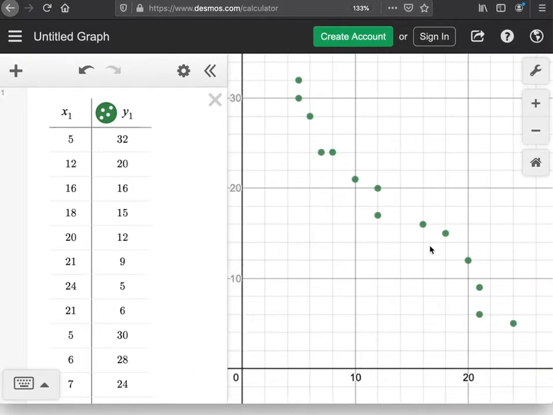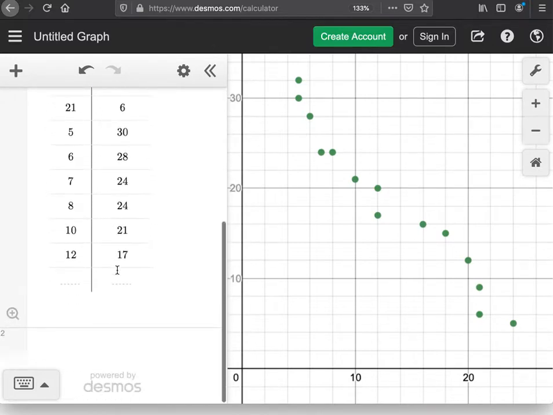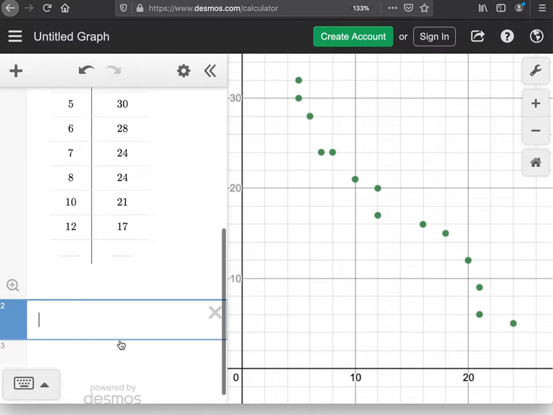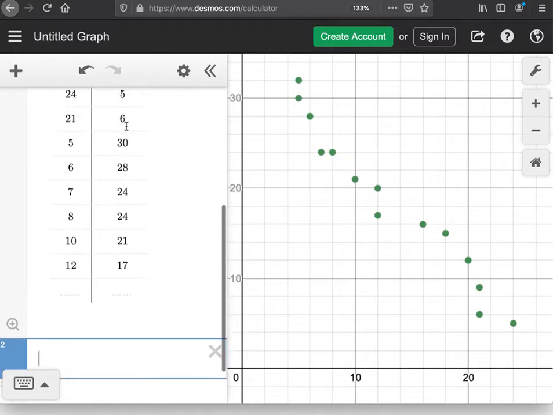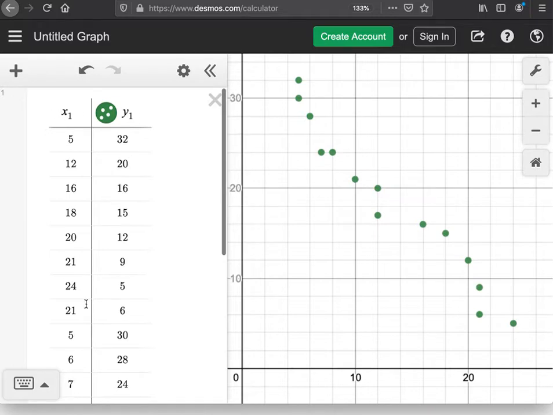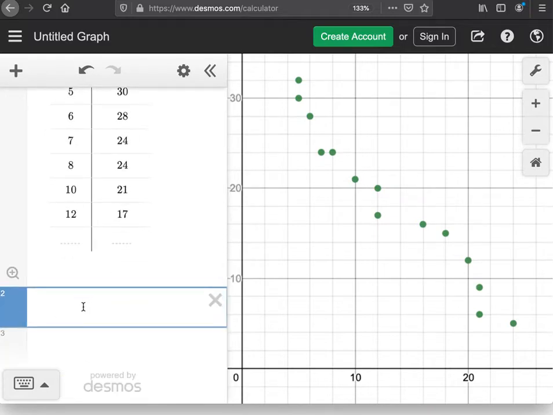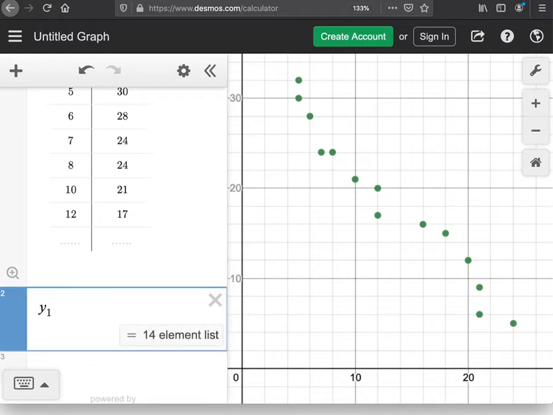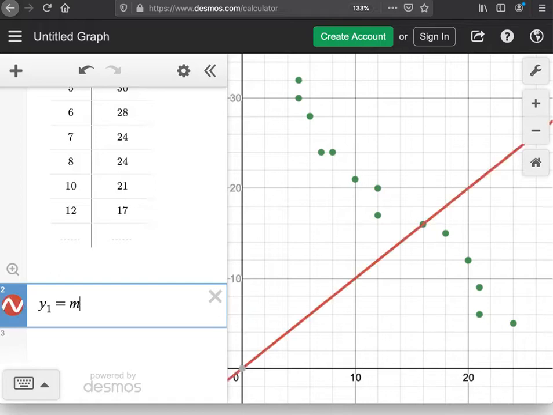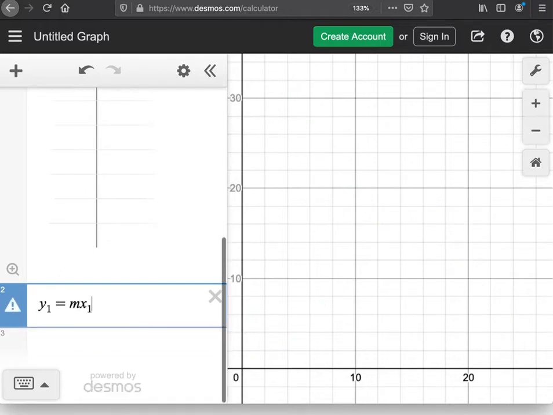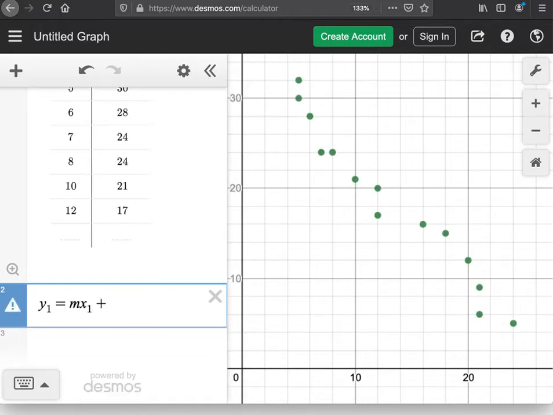Now I'm told it's a linear regression. So what I have to do for that is enter in a linear regression. Now, right from the beginning, this was x1 and y1. So when I want to use that y equals mx plus b, really what I want is y1 equals mx1 plus b.